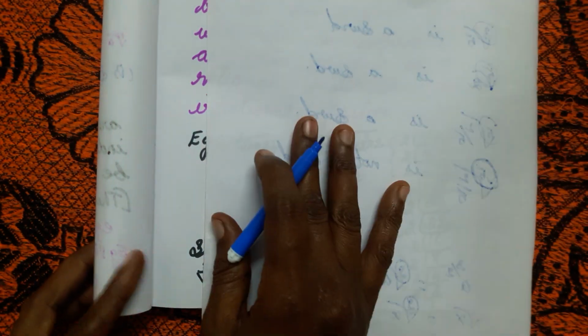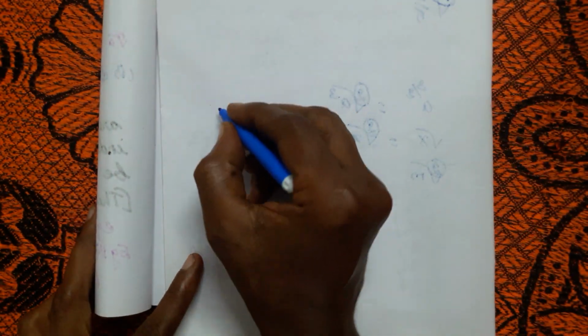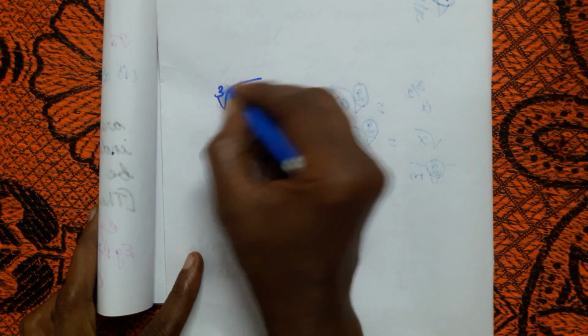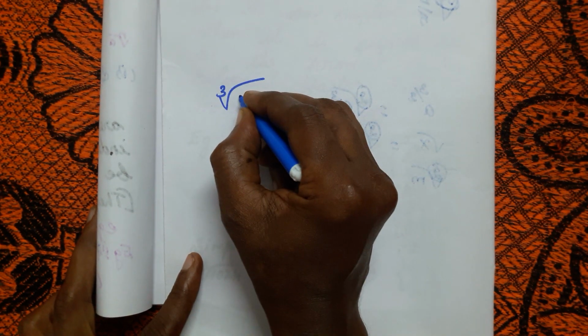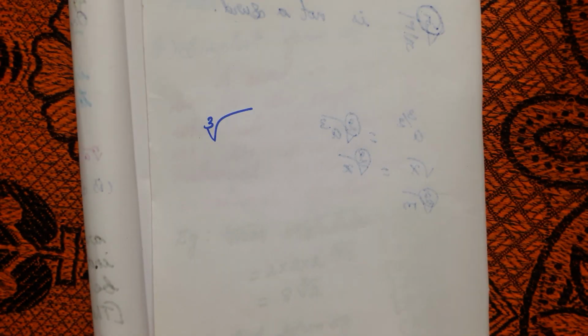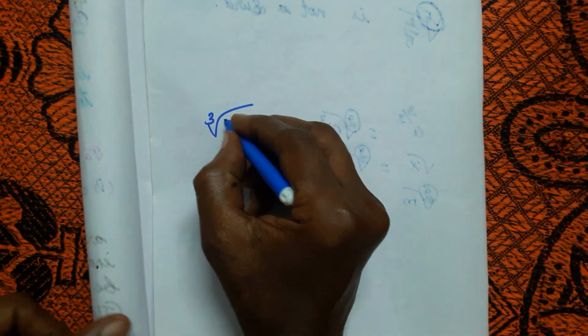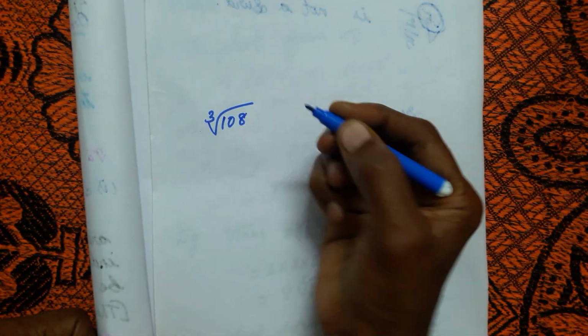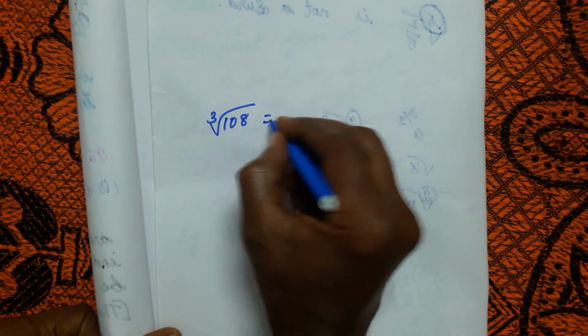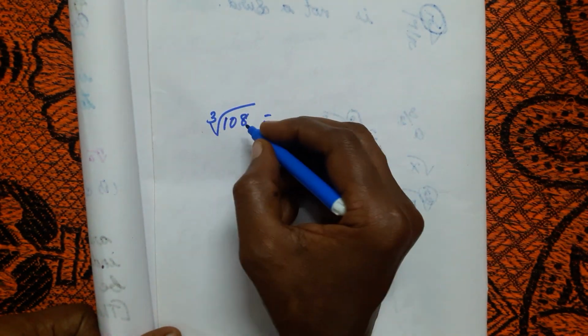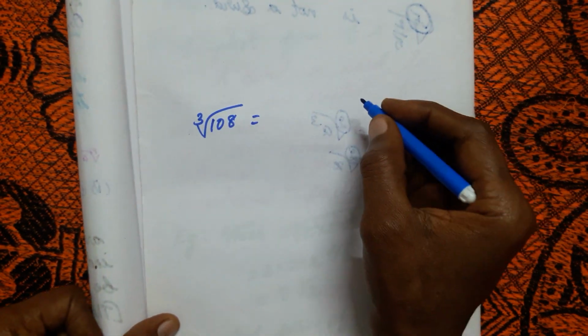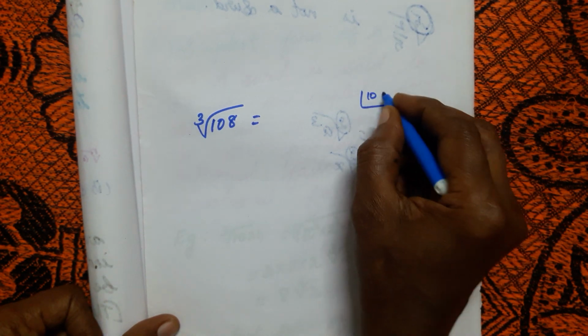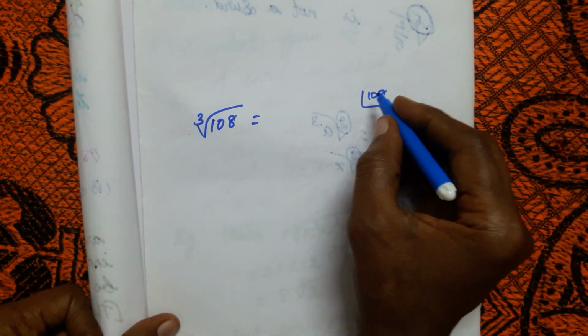Any other example? Yes. Cube root of 108. What is the simplest form of this? Factorize 108.